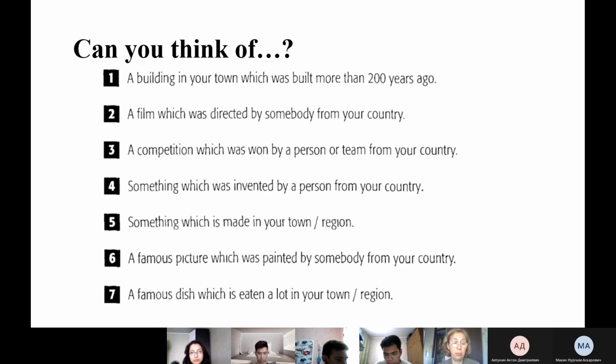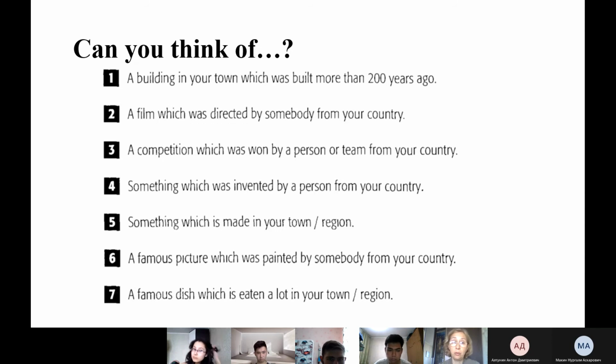There is a building on Zhebek-Joly Street. Now it's like a bank and a store, and it was built about 200 years ago in Zhebek-Joly Street.